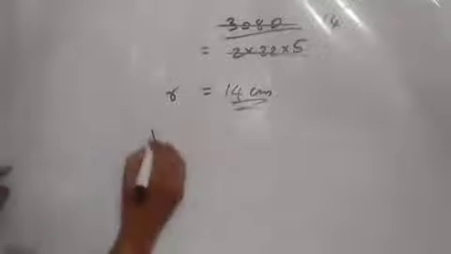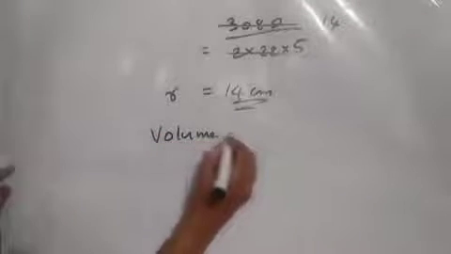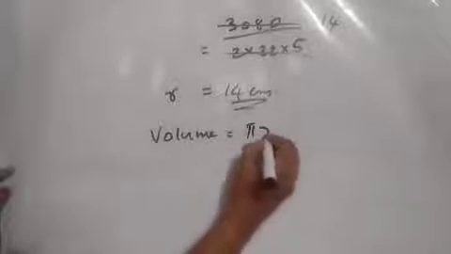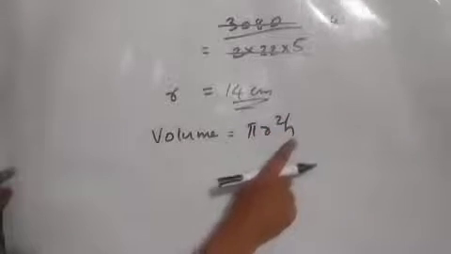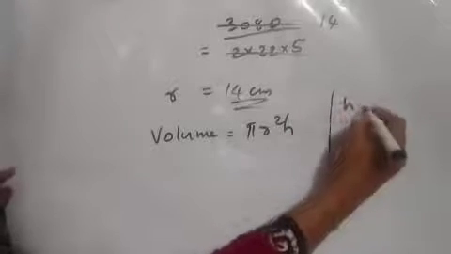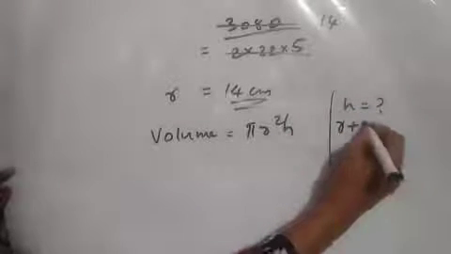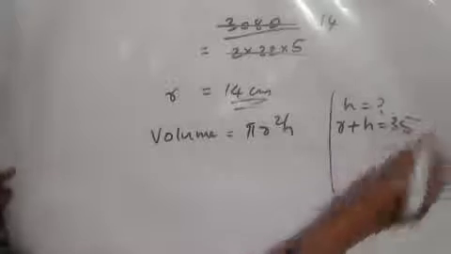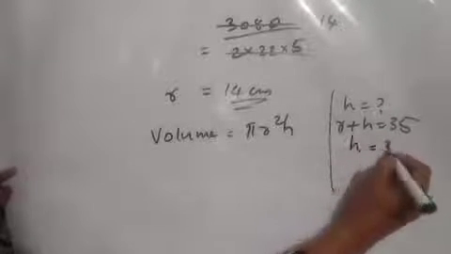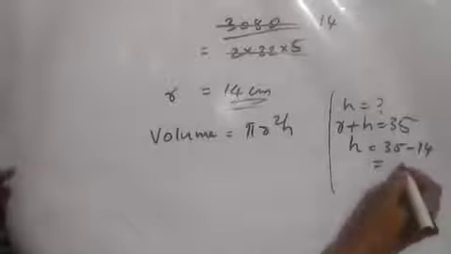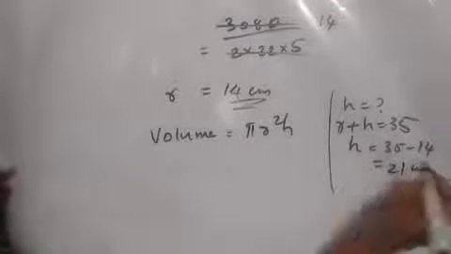Now how can we find the volume? Volume is equal to pi r square h. So that we have to apply value of r and value of h. How can we find h? Yes, it is given that sum of radius and height is 35 centimeter in the question. So we can substitute to find h. 35 minus 14. 21 centimeter is the height.